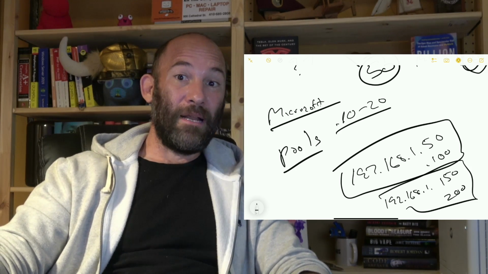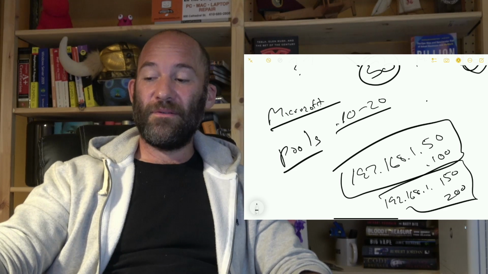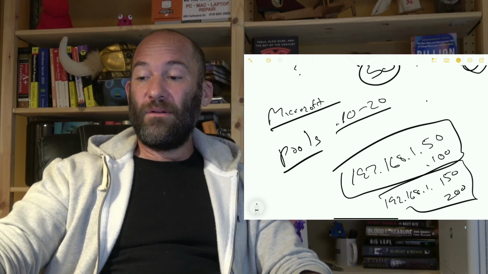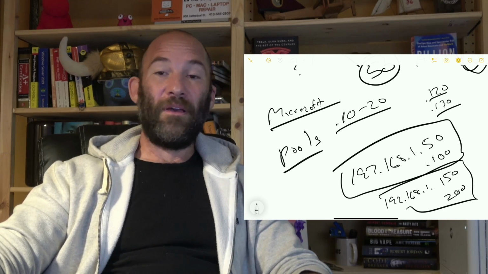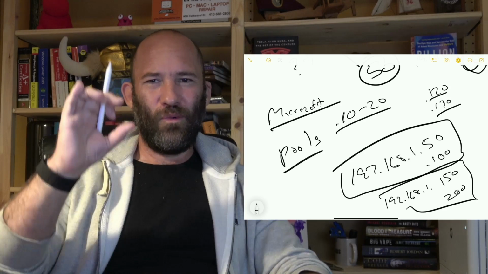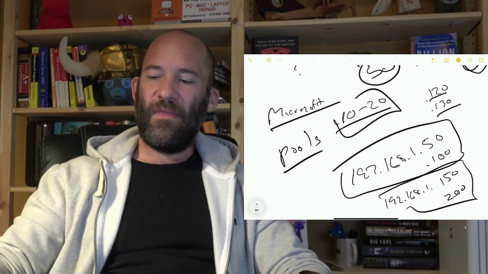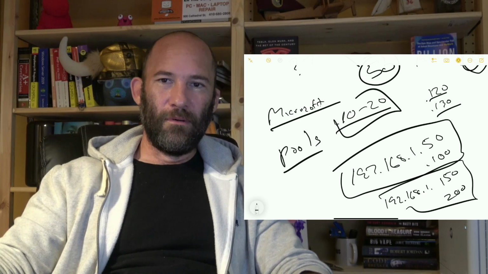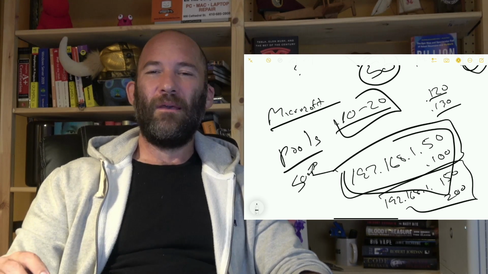But then you had somebody else, and they decided to use .120 to .130 for different networking equipment. And so you may have these chunks within the middle of your subnet that can't be used, and that's why you might create pools, and then those pools go into the overall scope.